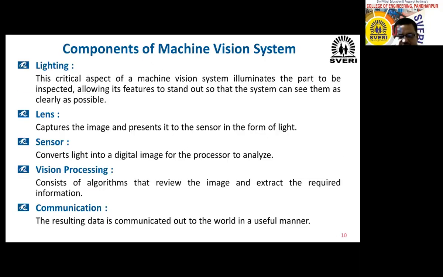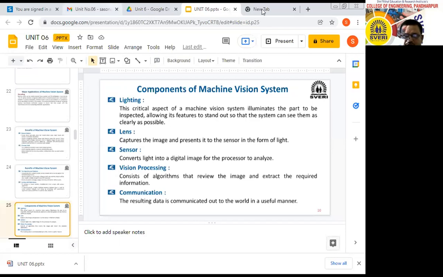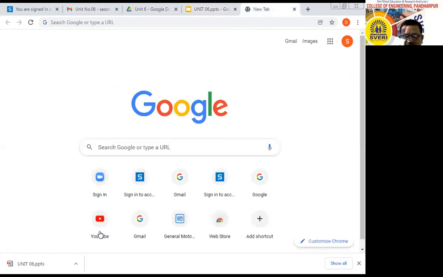Now we'll see one of the videos of the machine vision system, then you will understand.